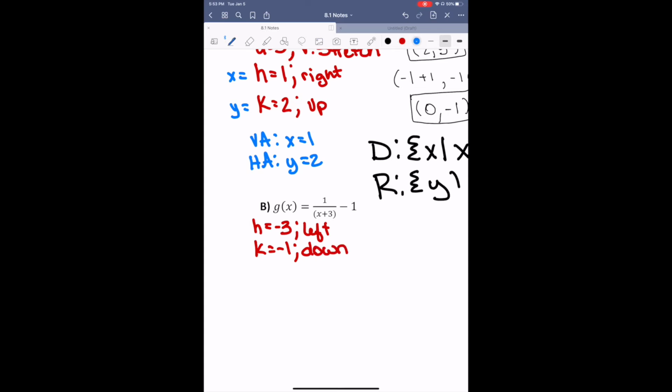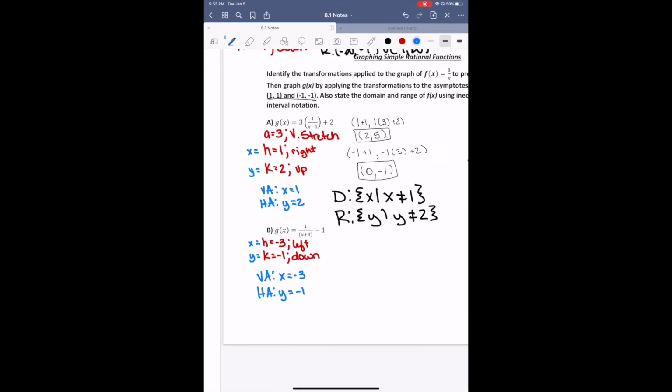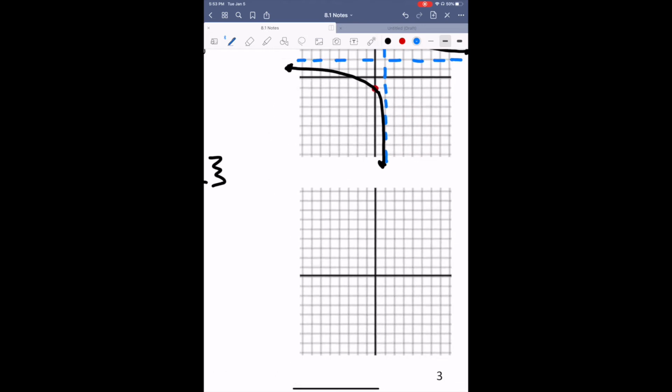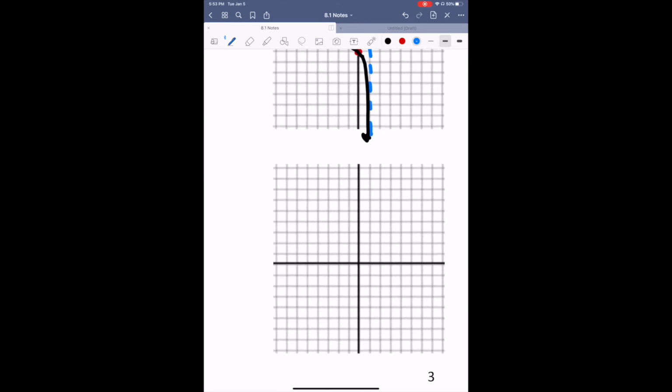Now, once again, x equals h, y equals k, tells me that we have a vertical asymptote at x equal to -3, and we have a horizontal asymptote at y equals -1. Graph those two asymptotes.